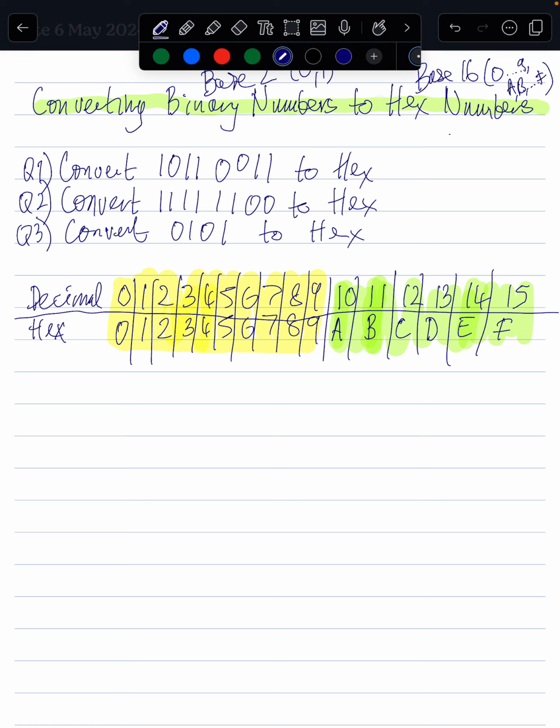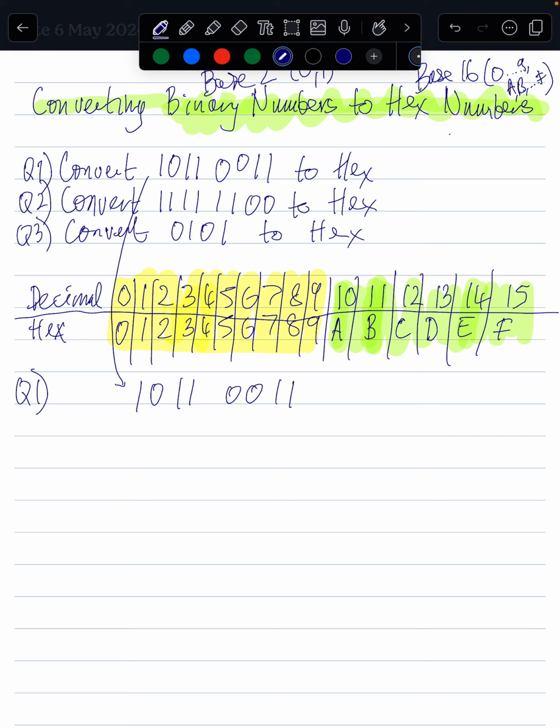Okay, so going back to our original question, this is converting binary numbers to hex numbers. There's a trick to this, which is to be remembered. We write down our binary number we are going to convert. So we're going to do question 1. This is our binary number here, 1, 0, 1, 1, 0, 0, 1, 1.